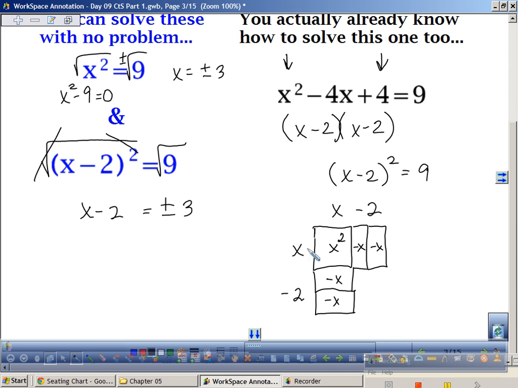Okay, so an area model is like a multiplication chart. So x times x is x squared. Okay, so I could have done it this way. Negative 1, negative 1. Negative 1, negative 1. X times negative 1 is negative x. X times negative 1 is negative x. What goes here?